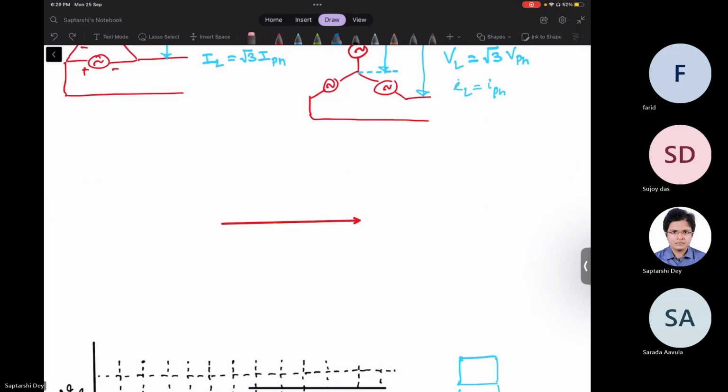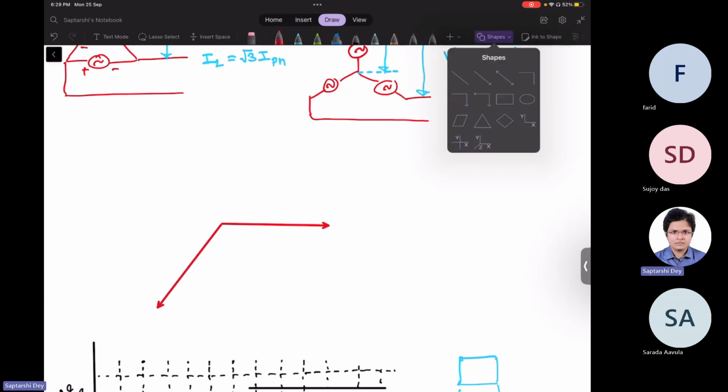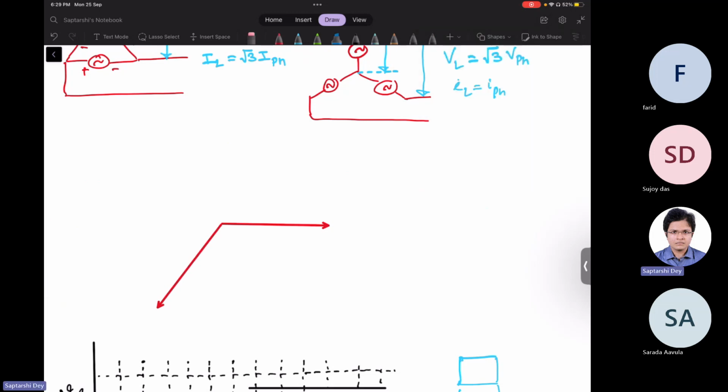Say here is one phase voltage, say phase A, and this is one. Whether phase A or B, we don't know. This is another. They're 120 degrees shifted.